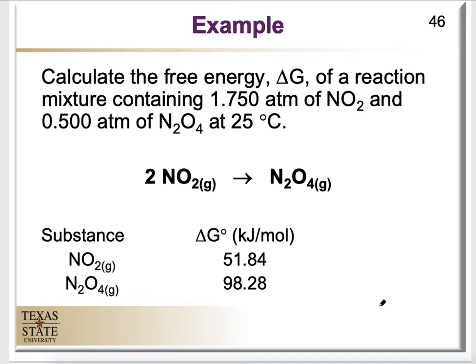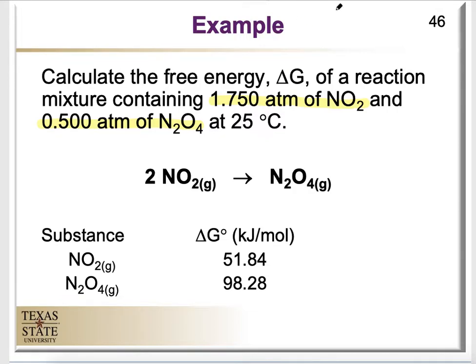Calculate the free energy delta G for a reaction containing 1.750 atmospheres of NO2 and 0.5 atmospheres of dinitrogen tetroxide. Okay, so we have two different pressures that are not 1 atmosphere.